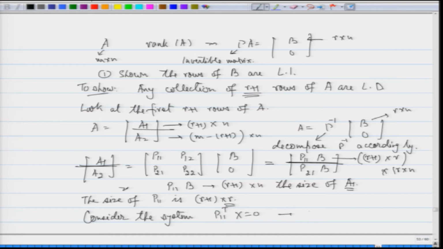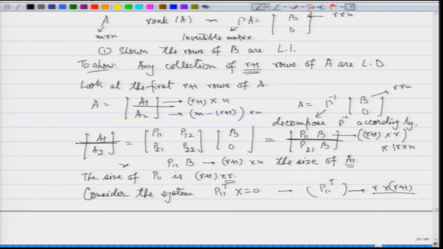So, now if I look at P11 transpose, this is a matrix of size R cross R plus 1. Since this is of size R cross R plus 1, so this system P11 transpose of X is equal to 0 has a non-trivial solution. Why does it have a non-trivial solution?